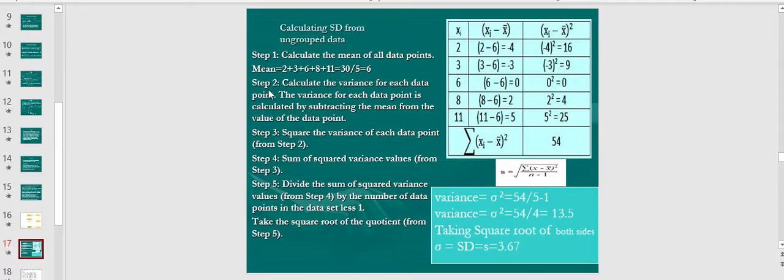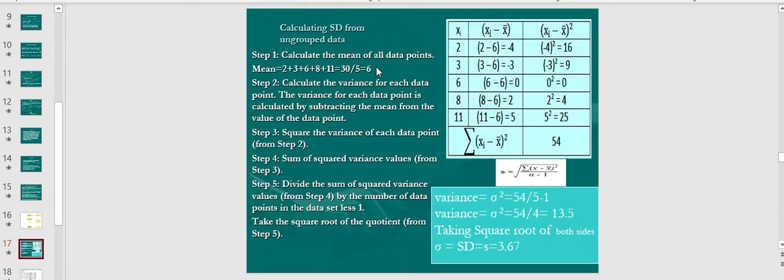In step 2, we will calculate the deviation of each data point. The deviation of each data point is calculated by subtracting the mean from each value of the data point. This is the deviation from the mean.